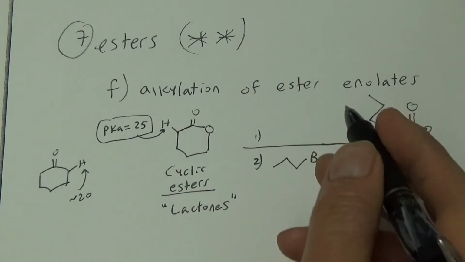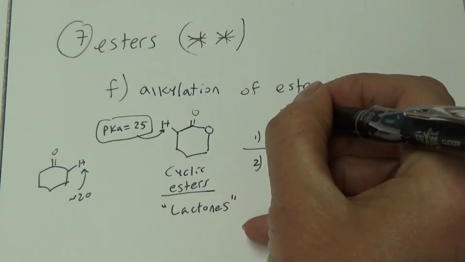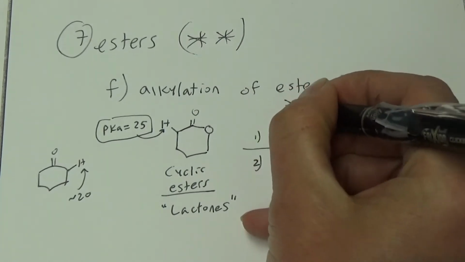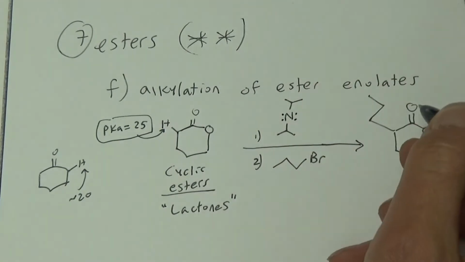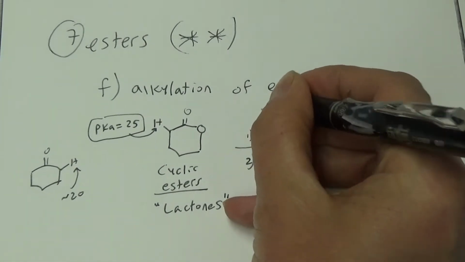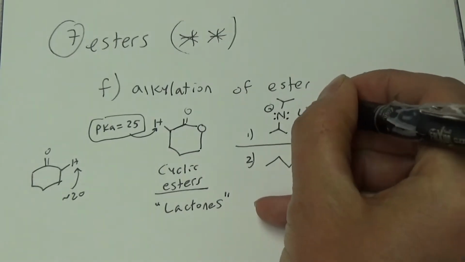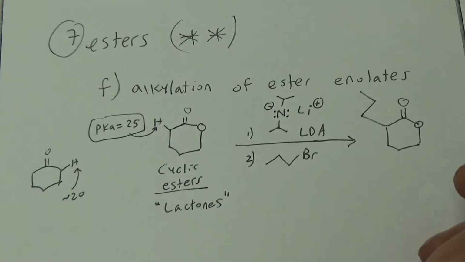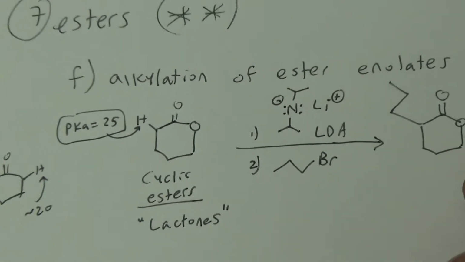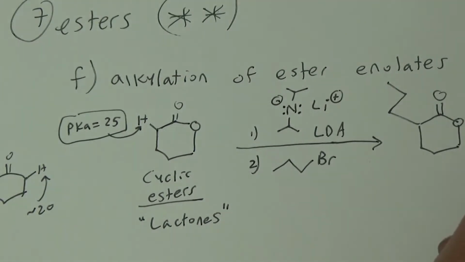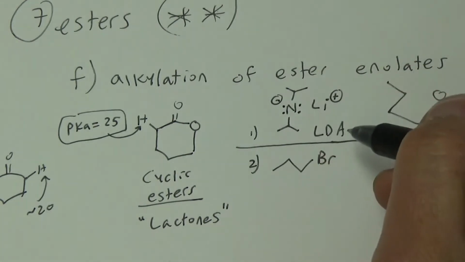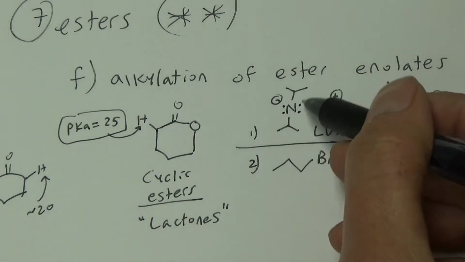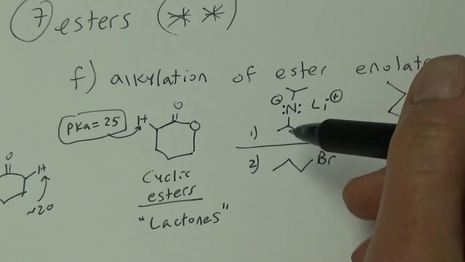So LDA, of course, the structure is nitrogen with 2 isopropyl groups, negative charge, and a lithium. This stuff's called LDA, right? We've seen it multiple times now as a very strong base. It loves to be a base, not a nucleophile. It doesn't go attack stuff as a nucleophile because it's got 2 big isopropyl groups, so it's very sterically hindered, right?